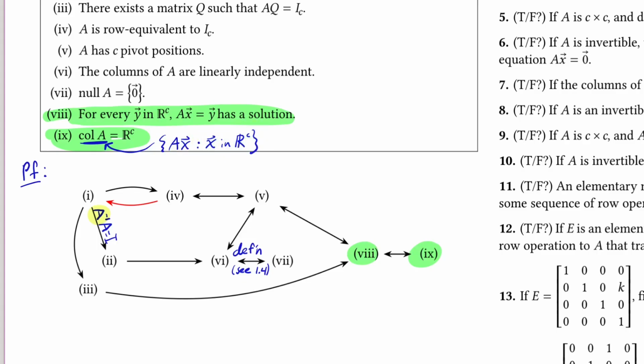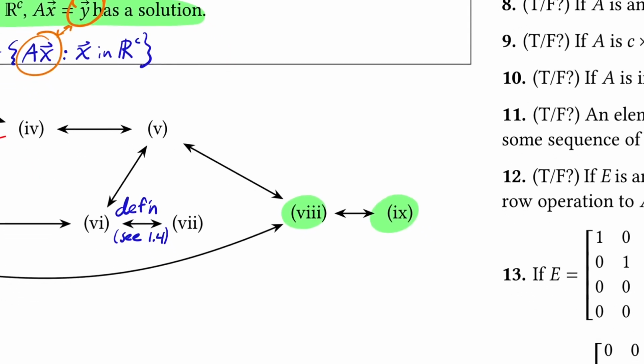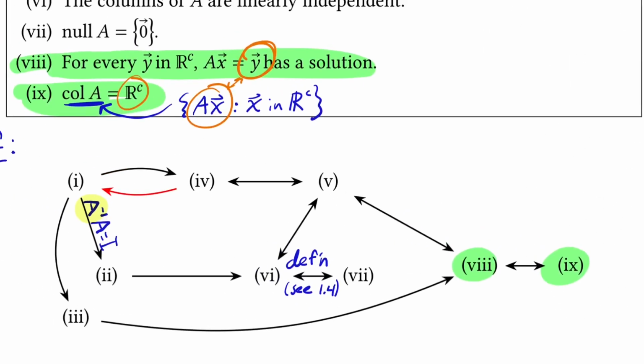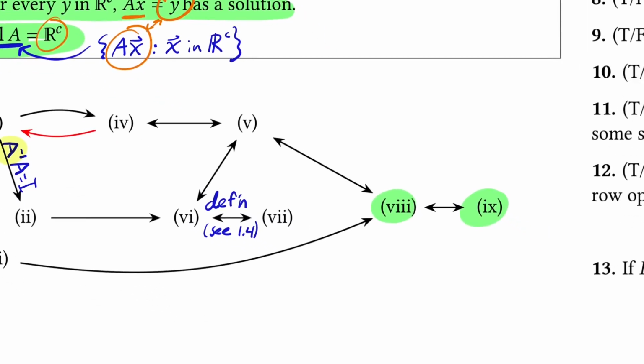So if every y can be written as A times x, then that means the column space is all of RC. So that's again just a change of notation. And we also went over that in 1.4. Also, the column space written as the things that you can write as A times x was also in 2.1, where we defined matrix by vector multiplication.